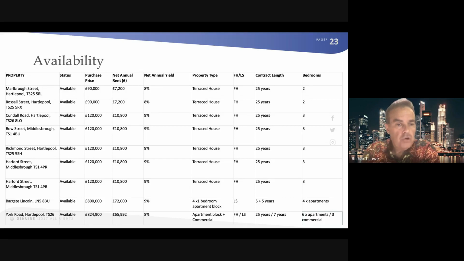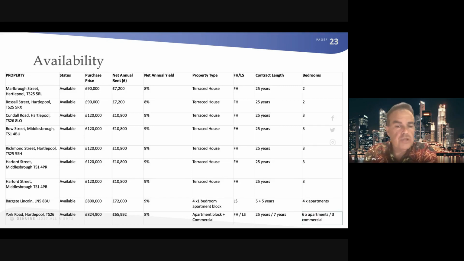There are a few blocks or small blocks of apartments. If we go down to the second from the bottom, there is a property that has 4 apartments in it. It's £800,000. That gives you a net annual rent of £72,000, which is equivalent to 9% net yield.